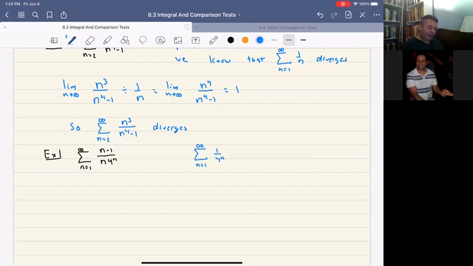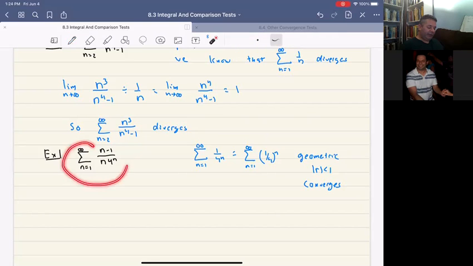Now this is a geometric series with the ratio less than 1, so it definitely converges. So we're going to compare this series with this series.